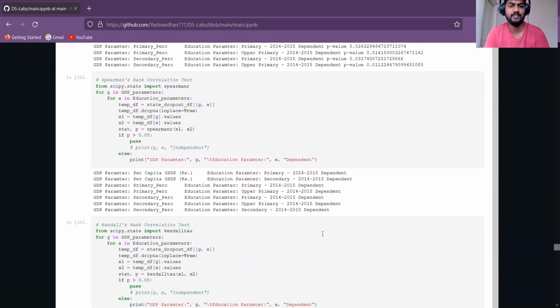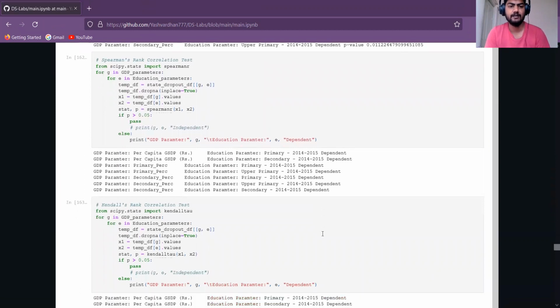Similarly, we perform Spearman's rank correlation test, and we get the results for the various GDP parameters such as per capita, primary percentage and secondary percentage, and for each of the tests we get the result as dependent, as shown on the screen.